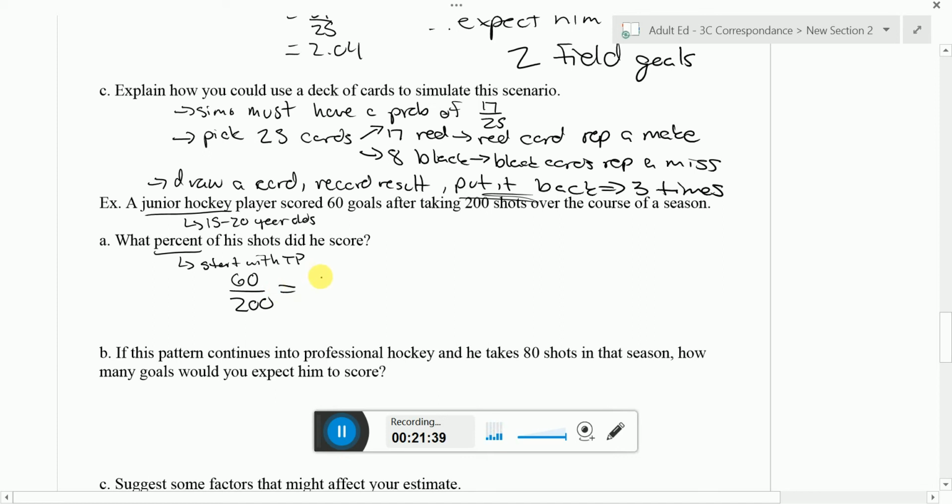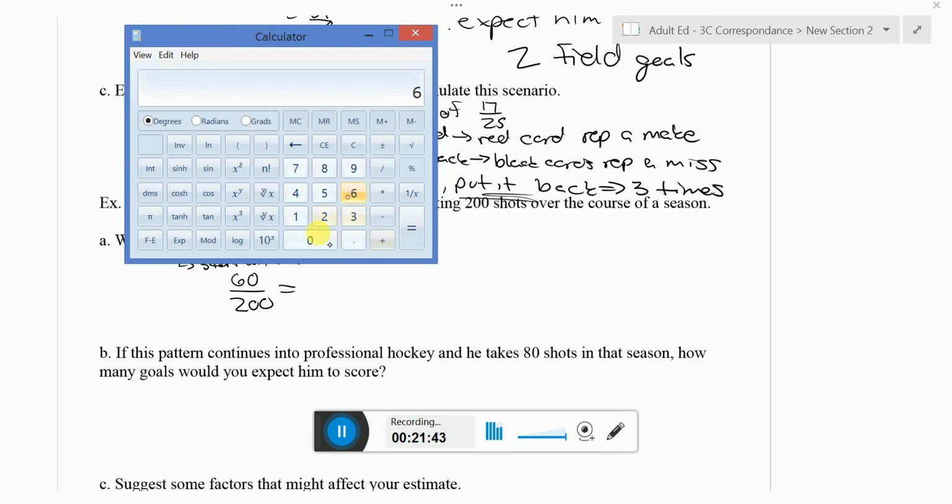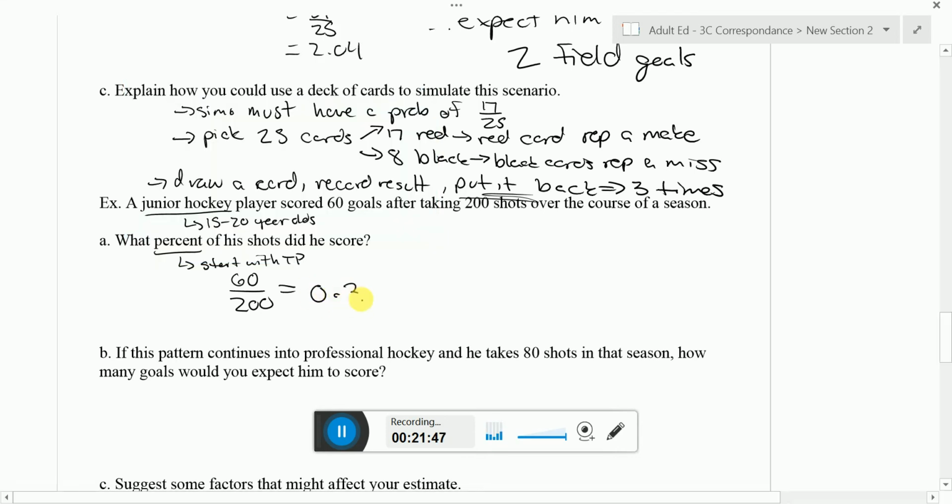We divide it to find out what it is as a decimal. So 60 divided by 200 gives us 0.3. And then we multiply 0.3 by 100 to get it as a percent. So that gives us 30%.